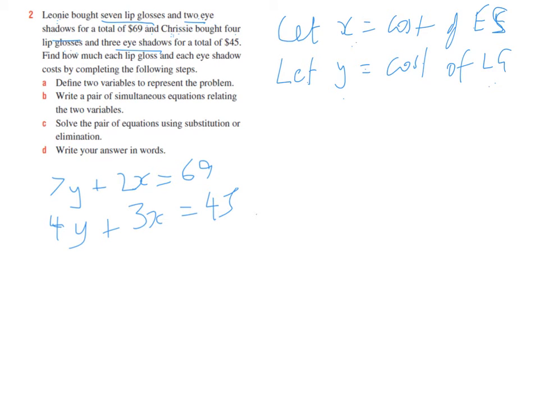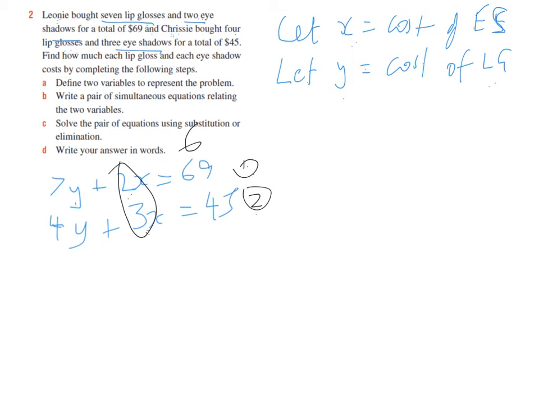Okay, so from here, we're going to label this as equation number 1, equation number 2. I am going to multiply equation number 1 by 3 and equation number 2 by 2, so that both of these coefficients become 6.